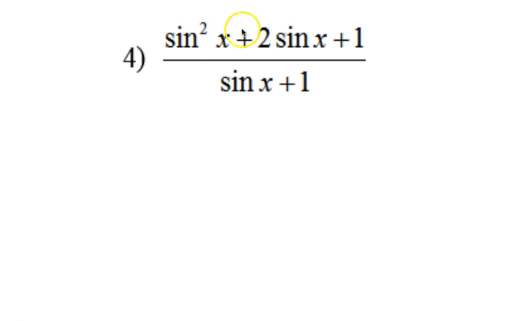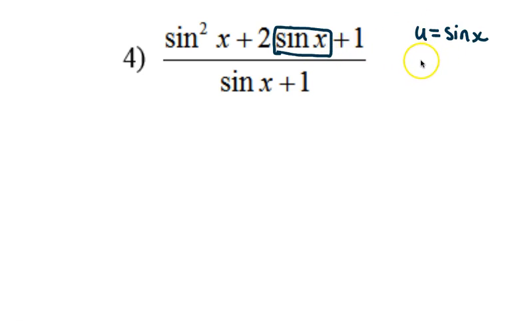Number 4 is a little bit harder because we're going to have to try to factor up top. What I'd like you to think about is almost like a u substitution problem. So if I look at this term right here, let's call sine x u for now. And we'll look at almost just factoring the numerator.